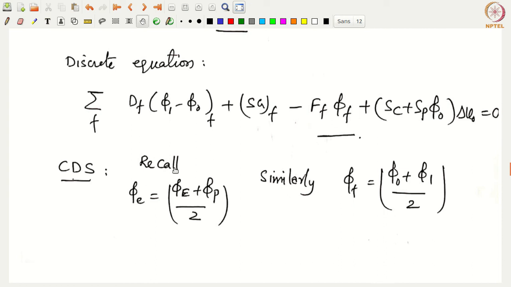So if we apply, let's say, the central difference scheme, we recall that in the context of structured meshes we wrote phi e, which was coming in Fe phi e, as phi E plus phi P by 2 in the context of the central difference scheme.